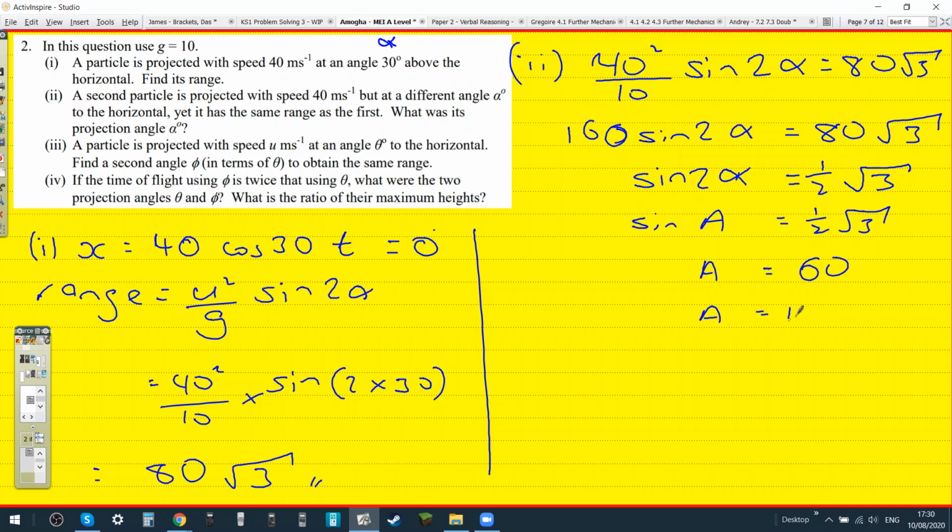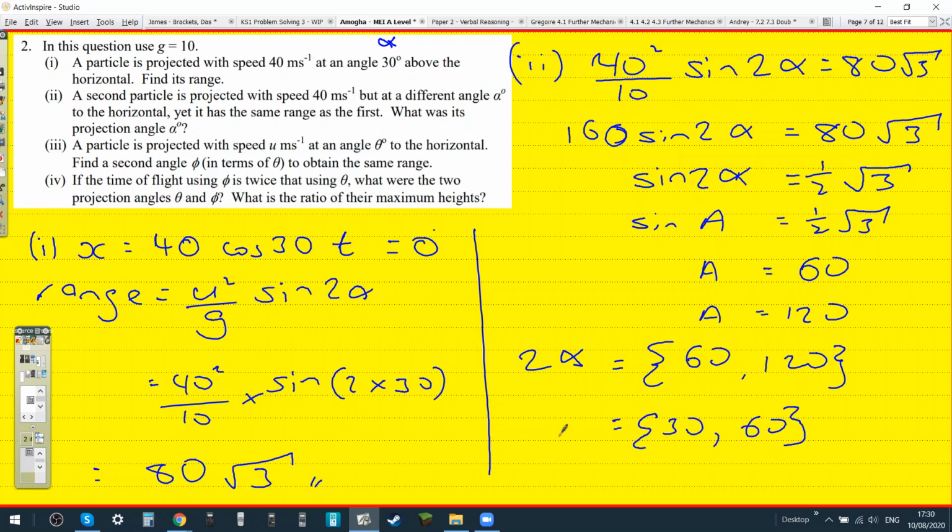A is also 120. So if that's 2 alpha, then alpha is 30 or 60. That's it. We already had 30, and so it must be 60? Yeah. So both methods give you the same answer, basically.